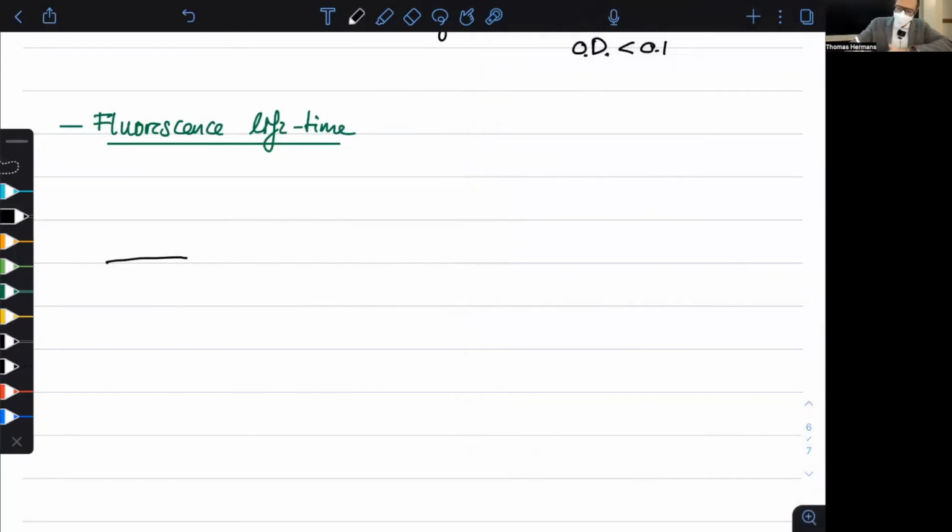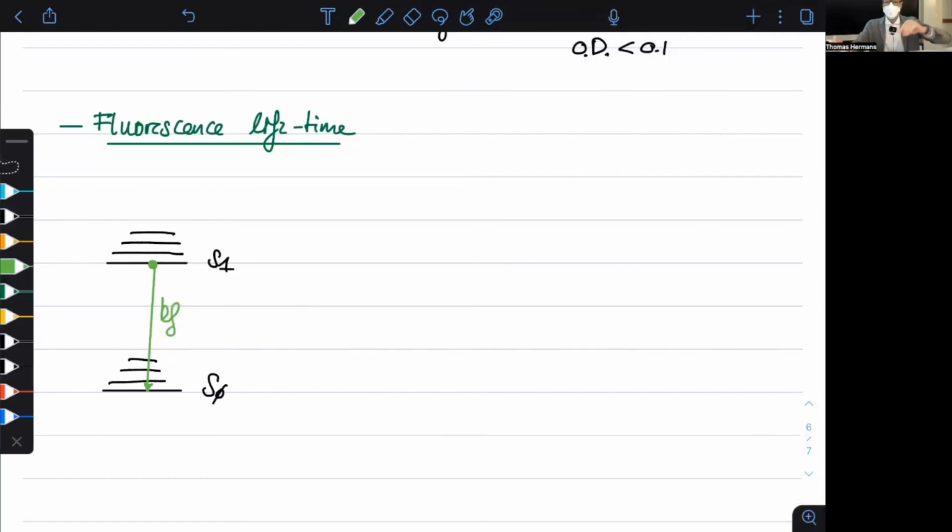If I'm in S1 and I go to S0, I will have fluorescence, right? So Kasha's rule, I only emit from the lowest vibronic level. And I'm going to put some rate constants. In chemistry, usually K means a rate constant. So I have my KF, my fluorescence rate constant, which often is called KR to confuse you, radiative rate constant.